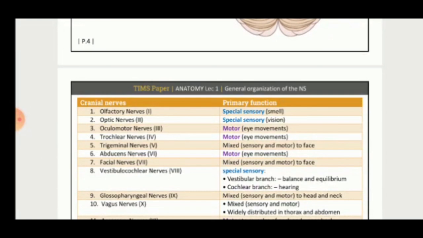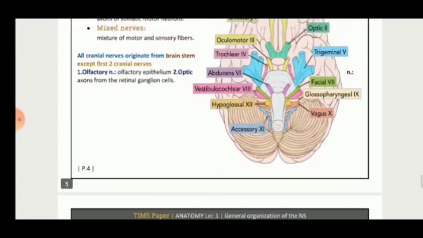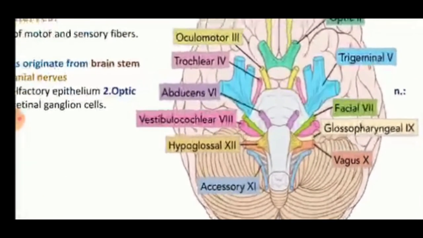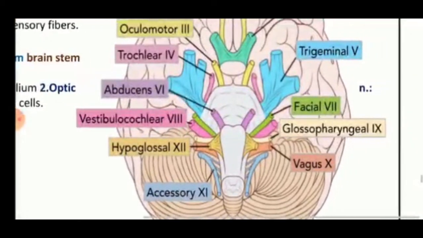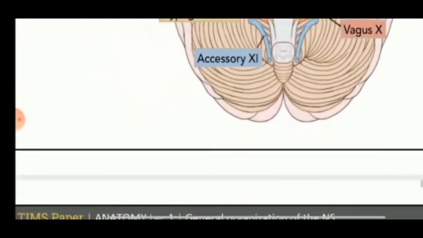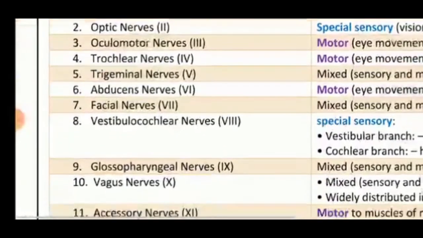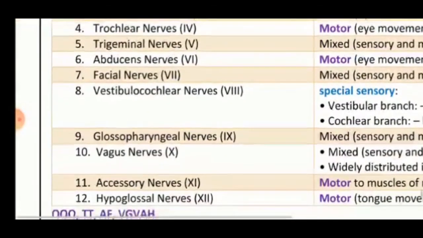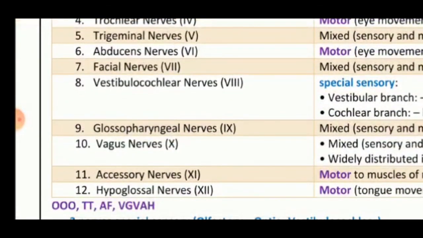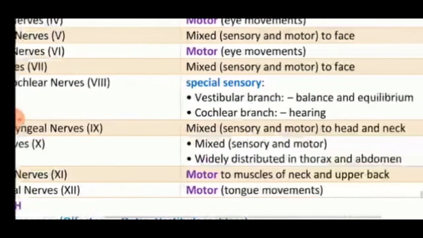Number 7 is a facial nerve, which is shown here, and it's a mixed nerve. Then vestibular part is responsible for the balance.